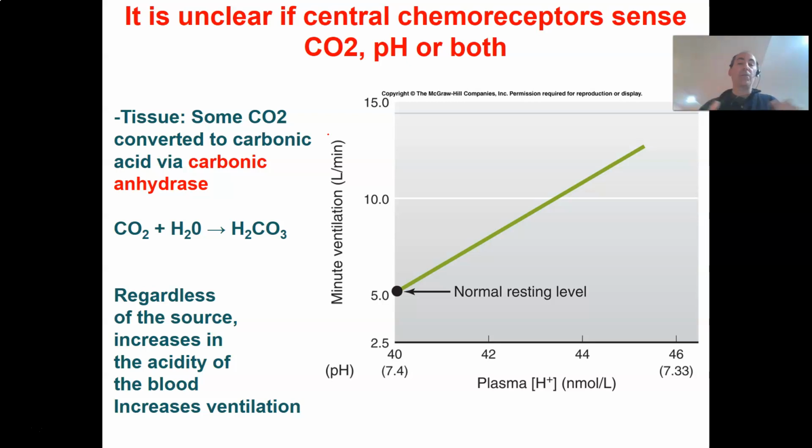We just don't know. In tissue, some CO2 is converted to carbonic acid via carbonic anhydrase. This is the carbonic anhydrase reaction.